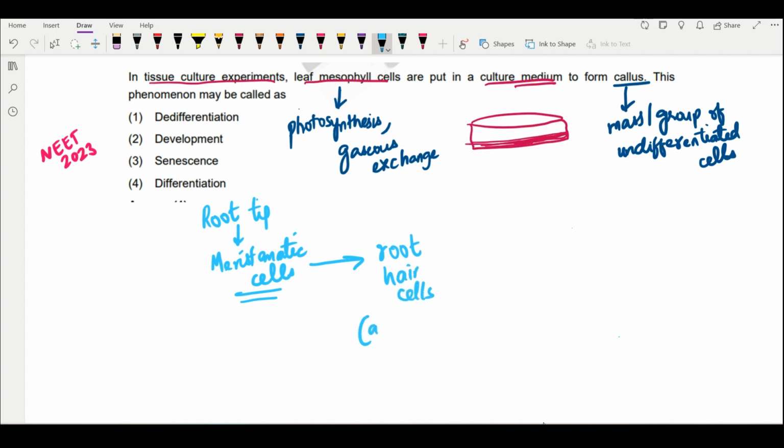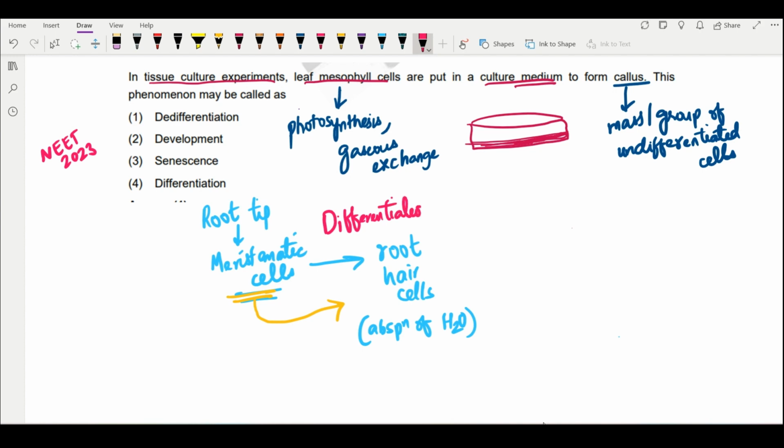They help in increased absorption of water. So the root hair cells now perform a specific function and have lost their ability to divide. This process, where meristematic cells, the cells that continuously divide, gain a specific function and lose their ability to divide, is known as differentiation.